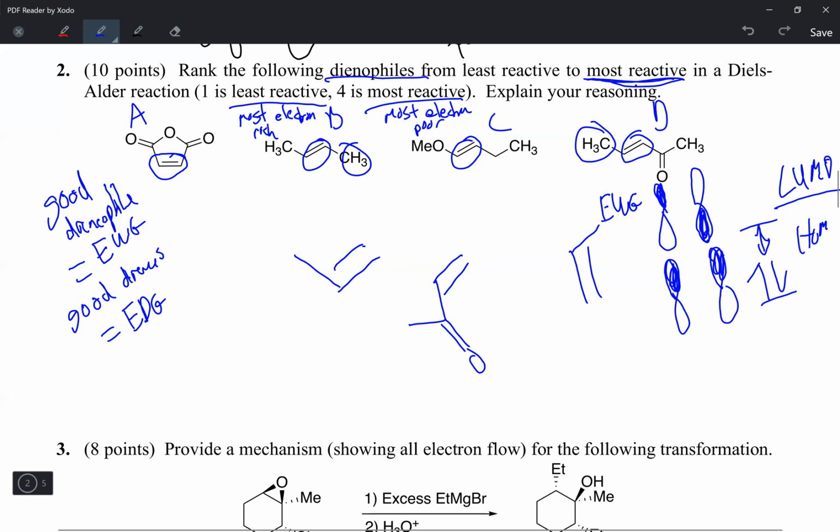It's not as strong as a heteroatom with a lone pair donating into it, but it does donate some electron density to an alkene. So we consider alkyl groups to be weak electron donating groups. It's a very weak one, but it is, and it's not withdrawing any.